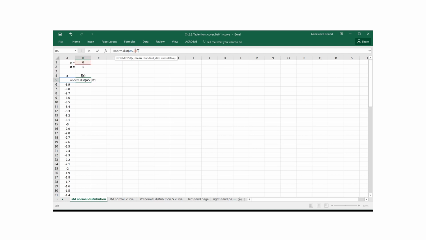We put a dollar sign around that cell for reference, because next we're going to copy that formula down and we don't want that cell reference to change. Standard deviation, same thing. And here we want to plot that normal distribution curve, so we don't want the cumulative values, we want the f value specifically.